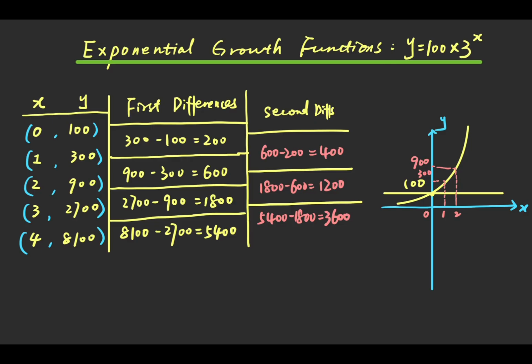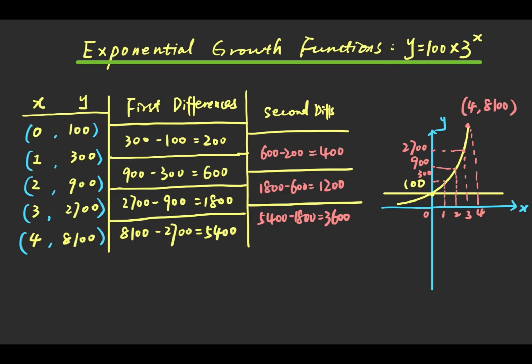The next property, the finite differences show a repeating pattern. The ratio of successive finite differences is constant. Here it is 3. Okay. We can locate the next point here. It is this number. Next, this point, it is 4, 8,100.